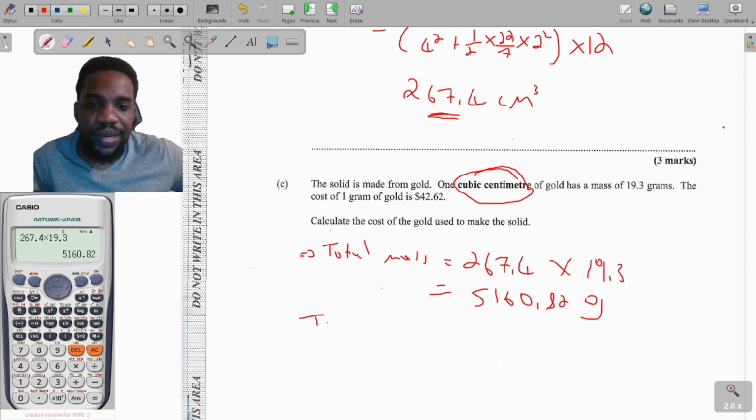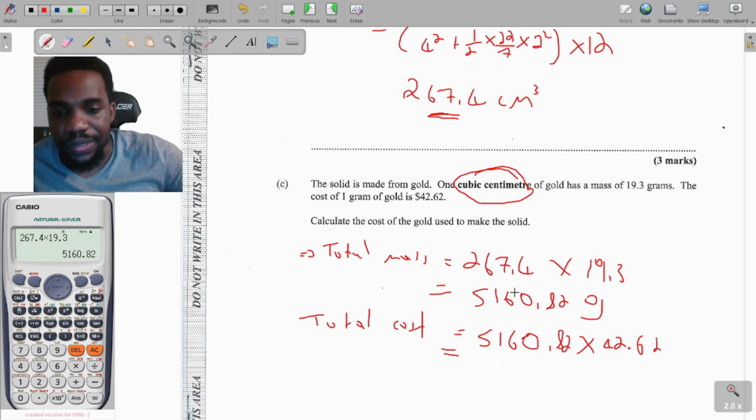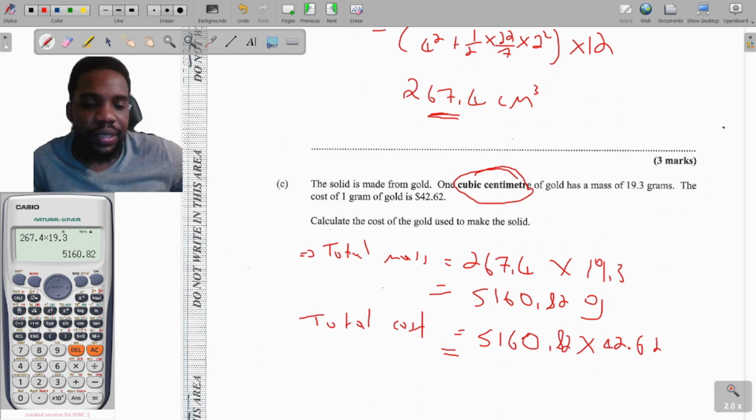Now 1 gram of gold costs $42.62. So I'm going to say my total cost is going to be 5160.82 multiplied by $42.62. Good? Because we know the cost for 1 gram and we have 5,000 odd grams, so we just simply need to multiply.